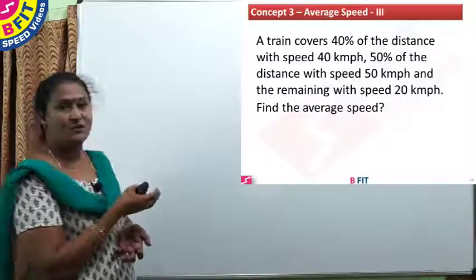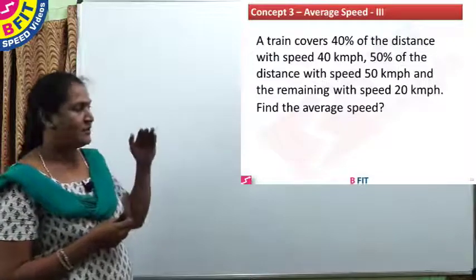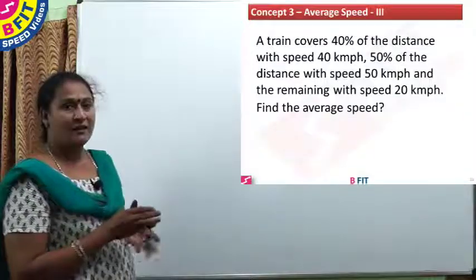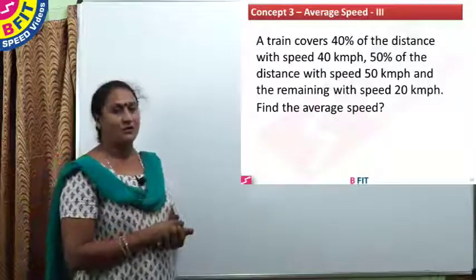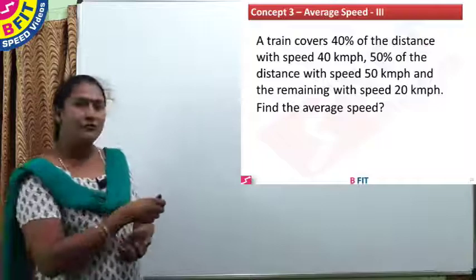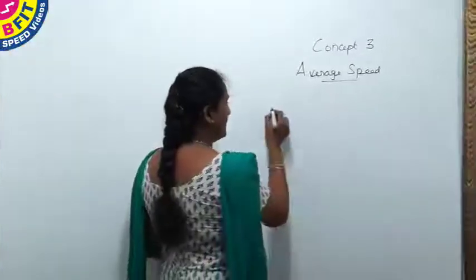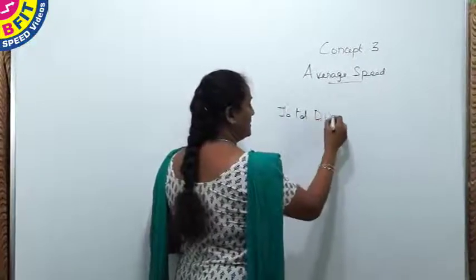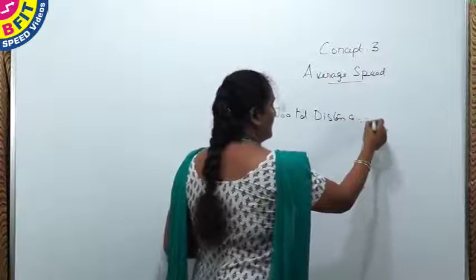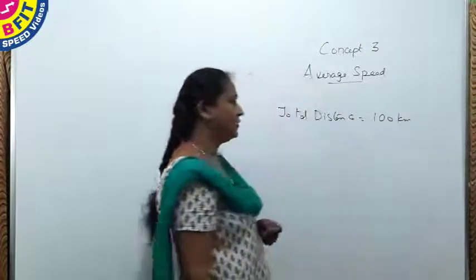So this question was previously asked in an insurance exam. This is a previous exam question, where the distance was given in percentage. So assume that 100 is the total distance, and we will see how to find the average speed for this question. As it is given in percentage, we assume that total distance is 100 kilometers.